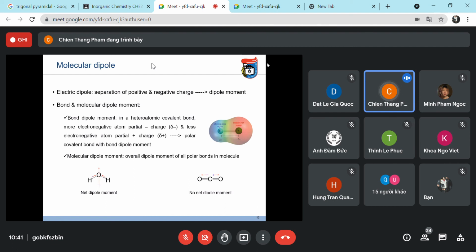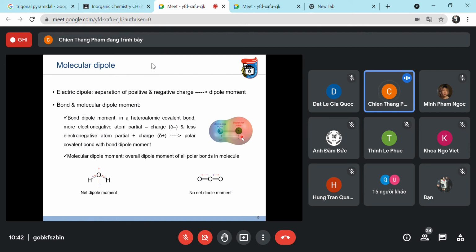The dipole moment is from the less electronegative atom to the more electronegative atom. For example, in the case of HF here, it's from the hydrogen atom to the fluorine atom. This is the dipole moment vector.